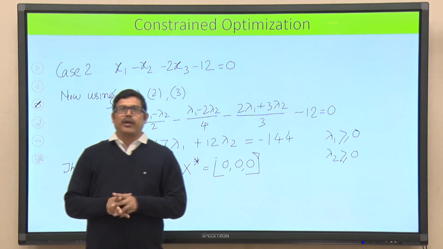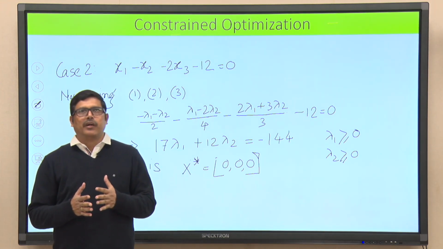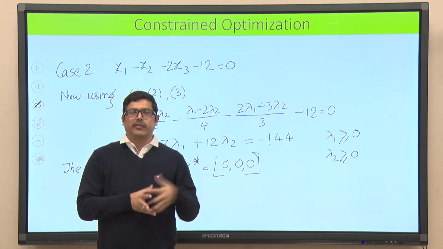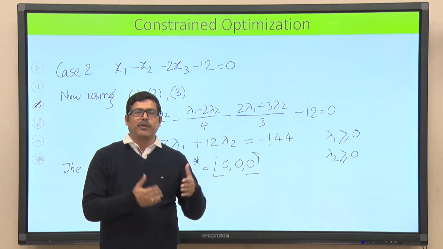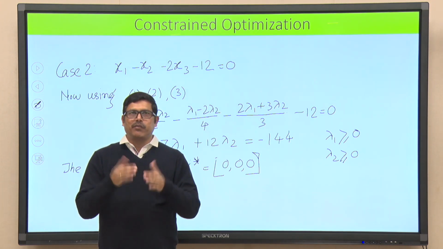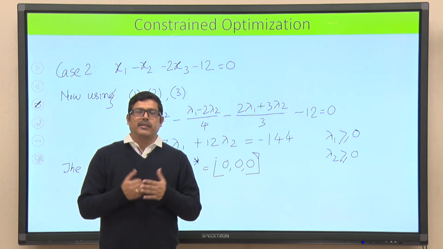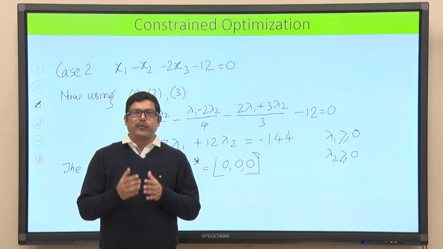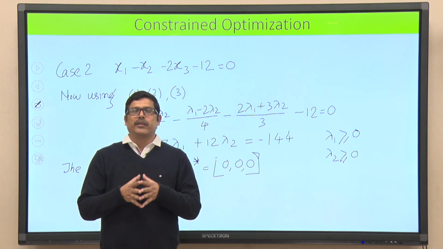So, today we have discussed the problem with inequality constraint. In the last class we discussed the problem with equality constraint, where we derived the Lagrange function, and from the Lagrange function I can apply the necessary and sufficient condition. Today we have discussed the problem with inequality constraint.